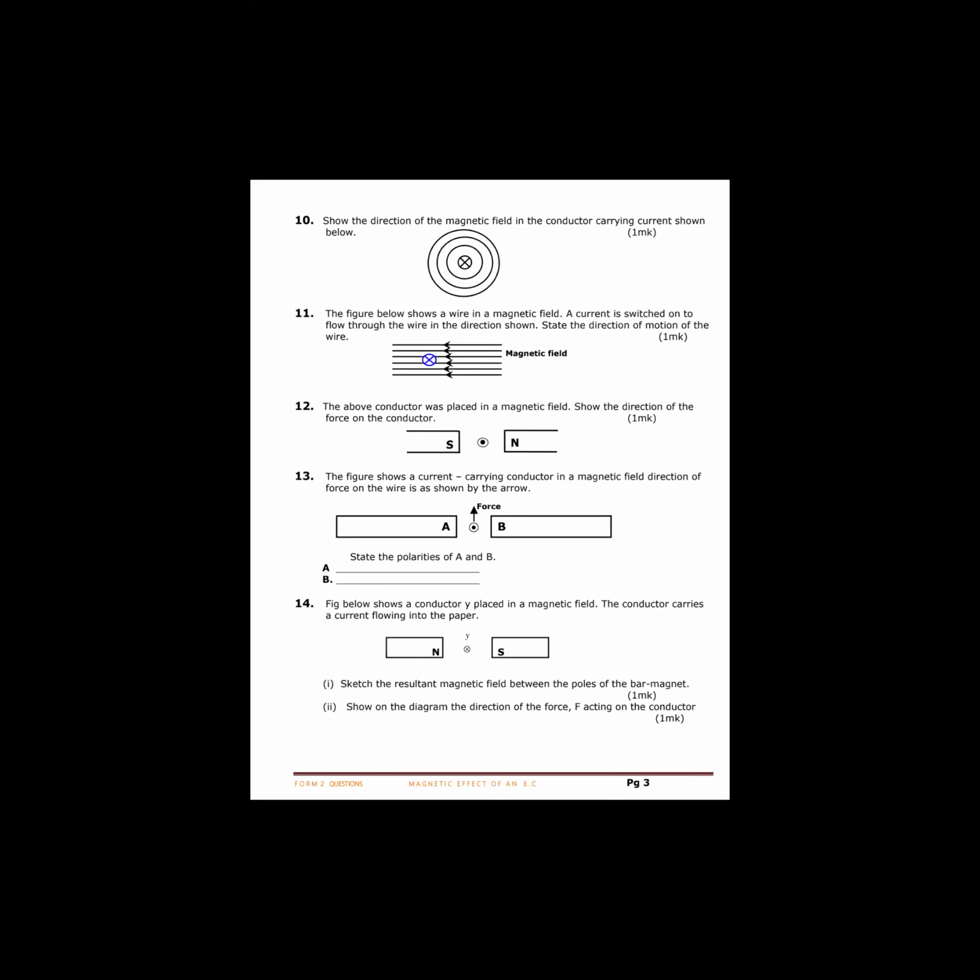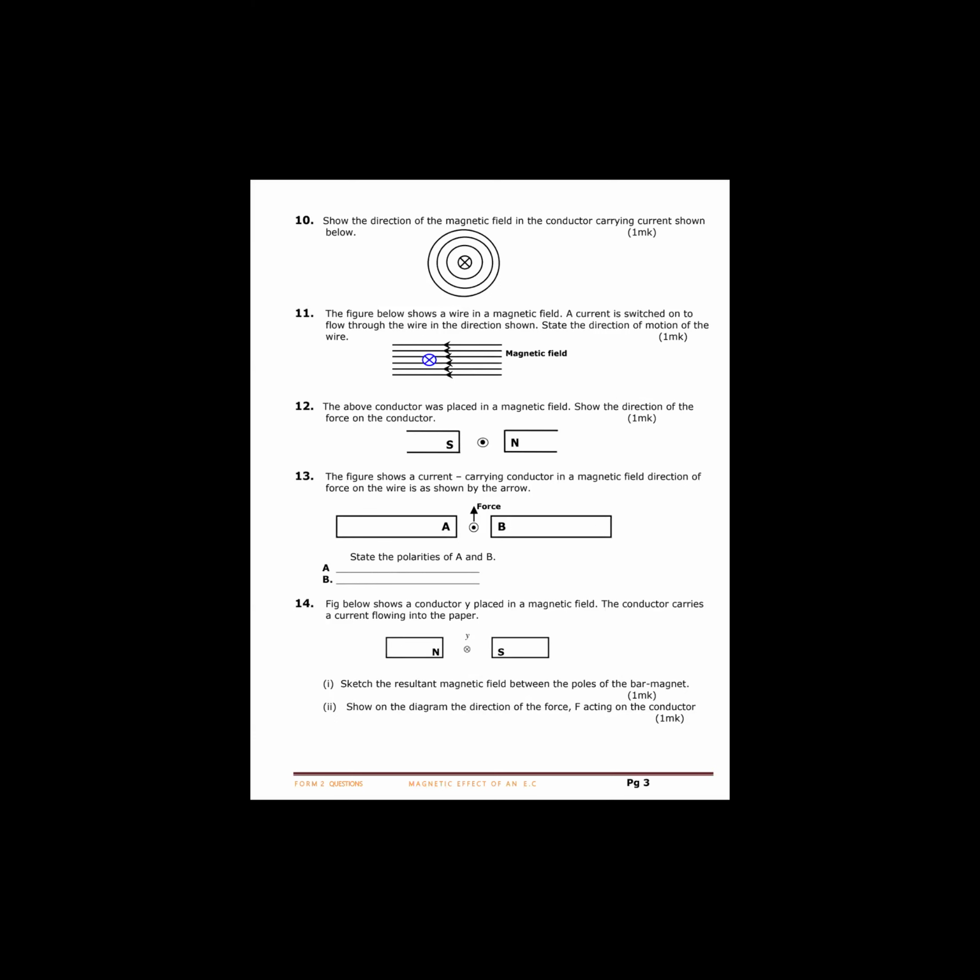State the polarities of A and B. We are in number 13.